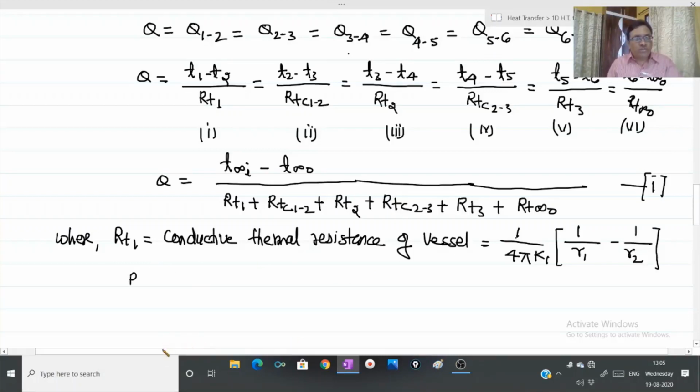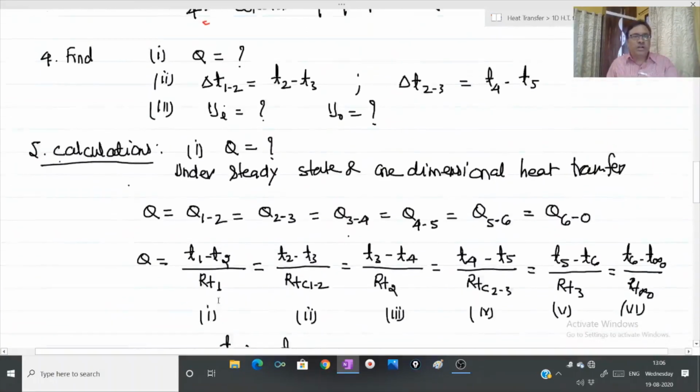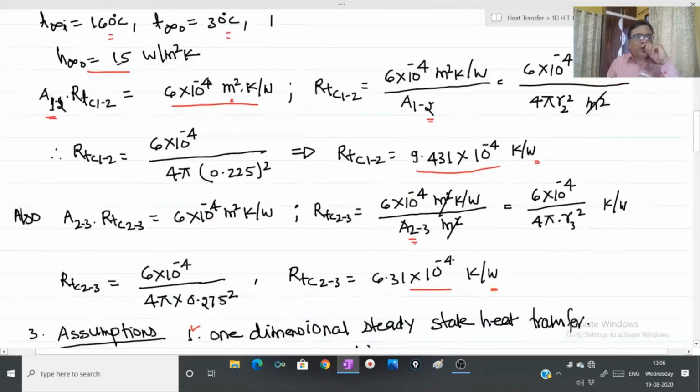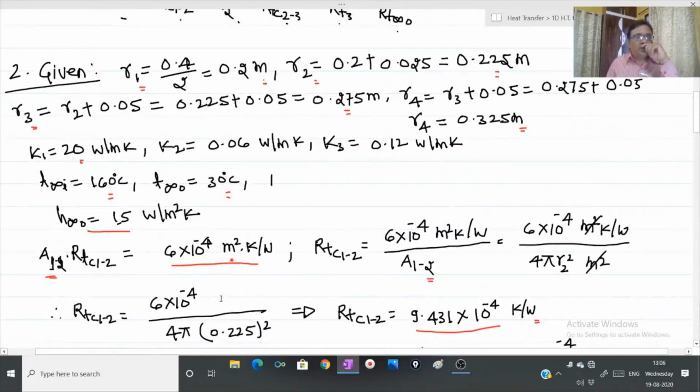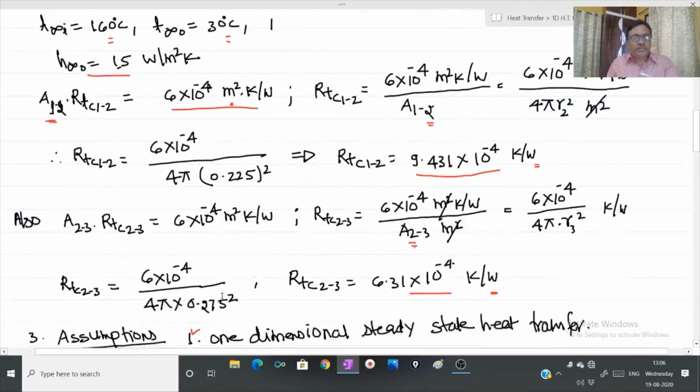So after putting in the values, I get RT1 as 1 over 4 pi into 20, the thermal conductivity of this spherical vessel.